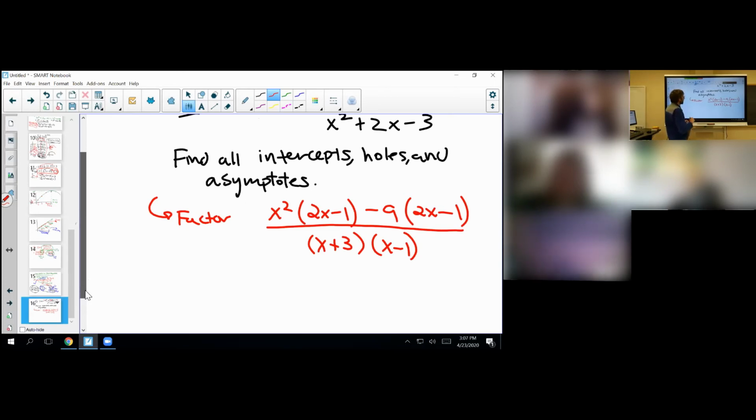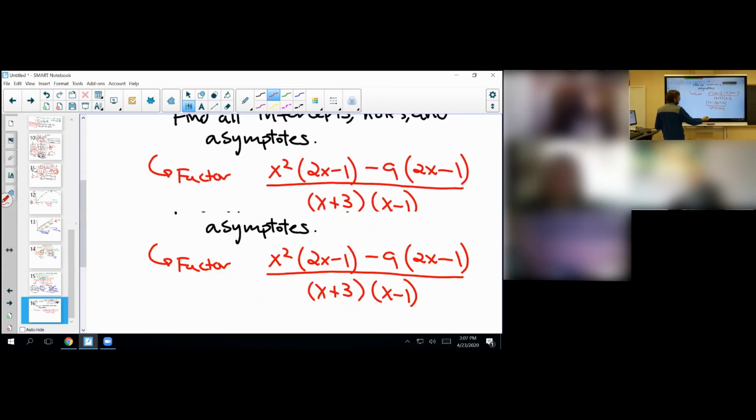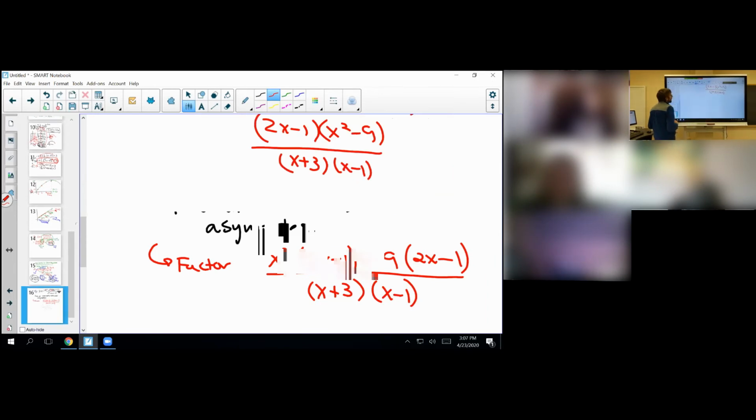Okay, so we're not quite done factoring, so we need to pull out the 2x minus 1, and we're left with x squared minus 9 over x plus 3, x minus 1. And we're still not done because x squared minus 9 factors as x plus 3, x minus 3.